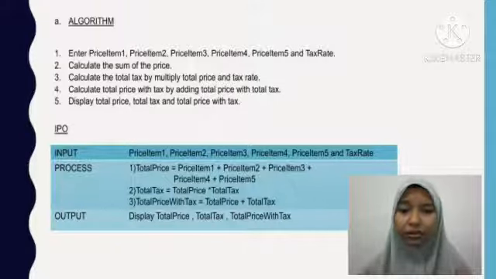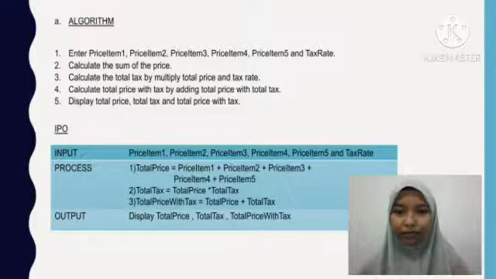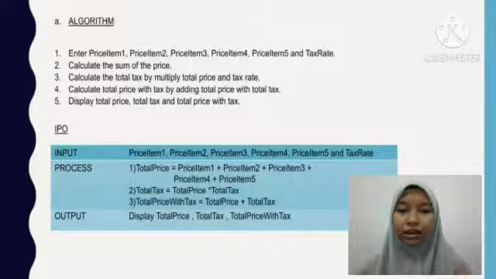Second, total tax equals total price multiplied by tax rate. And lastly, total price with tax equals total price plus total tax. And the output is display total price, total tax, and total price with tax.